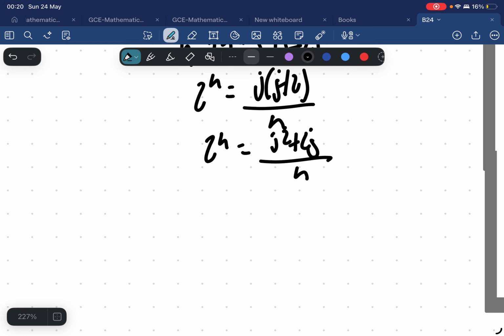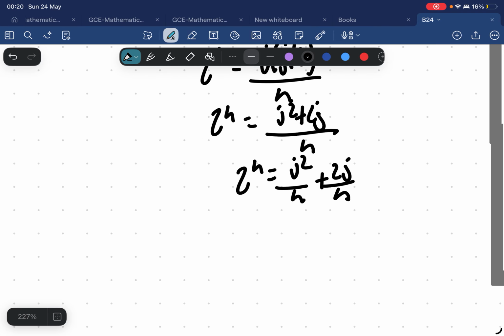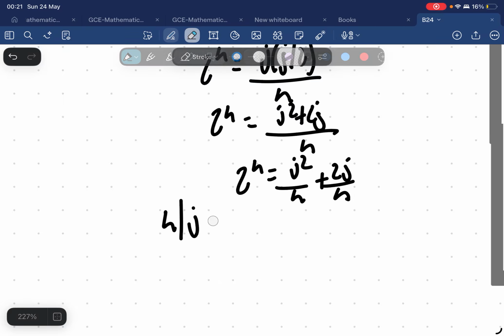So we have that 2^n is equal to j squared over n plus 2j over n. So I guess, I don't know, could say that j is equal to n divided by j, or n divided by 2.